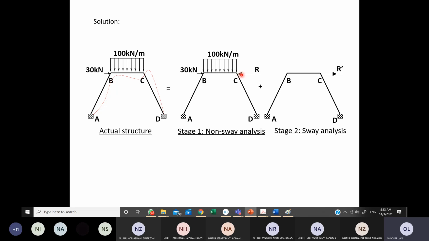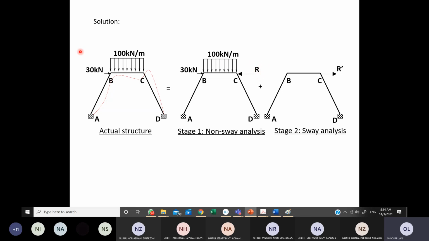When this restraint has been placed at the appropriate place, you will have a reaction generated from this support. We have this R that we need to determine later.